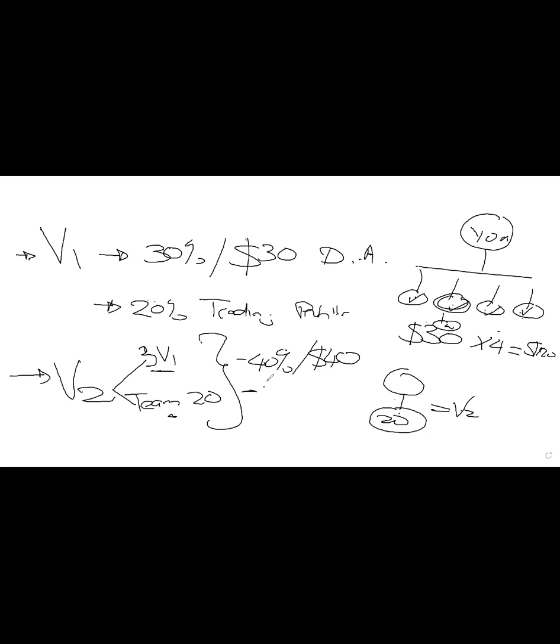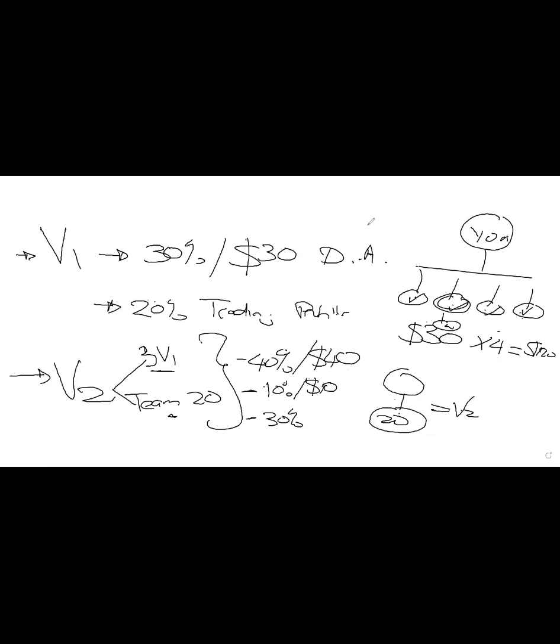Whenever you have a new person coming into your team structure, you will get a 10% share from the activation fee, or $10. And then your trading share from your team's profits increases to 30%. Okay, are we together? Before I go to V3, perfect.